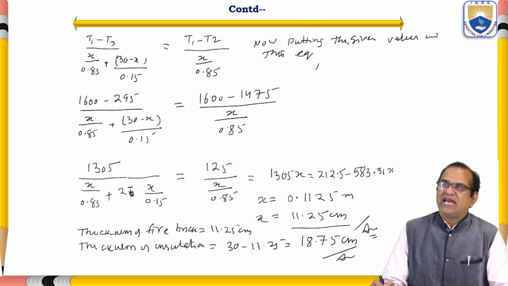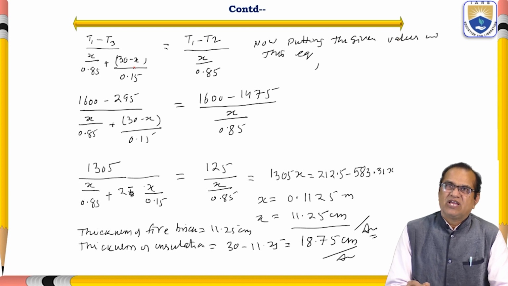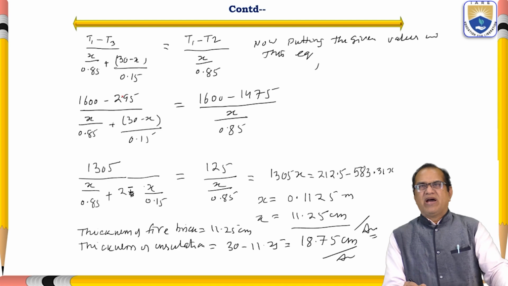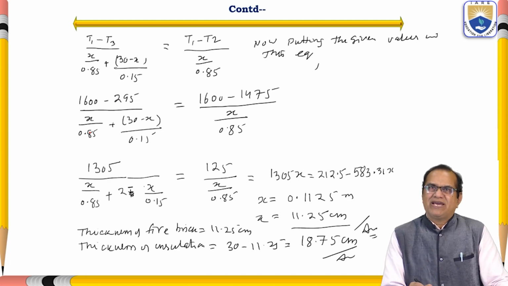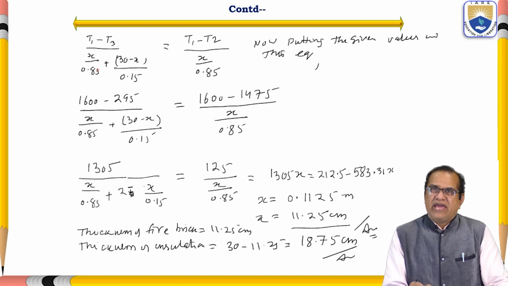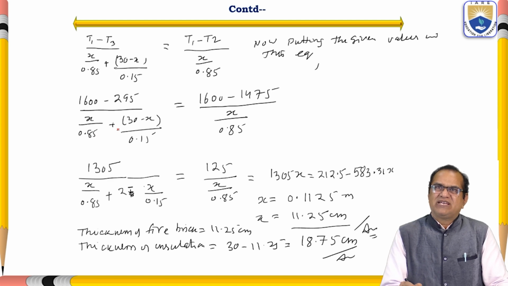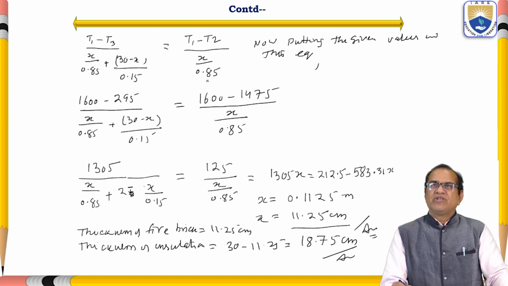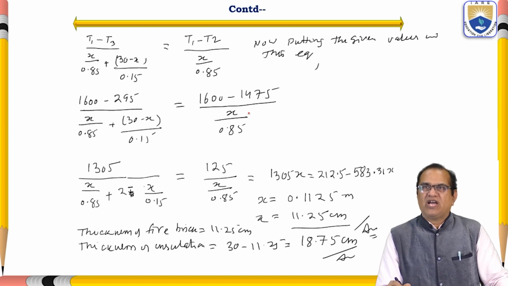Now putting the given values in this equation, we know T1 is equal to 1600, T3 is equal to 295, T2 is equal to 1475. So 1600 minus 295 divided by X by 0.85 plus 30 minus X divided by 0.15 is equal to 1600 minus 1475 divided by X by 0.85.